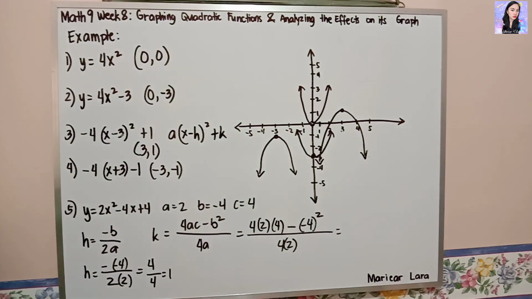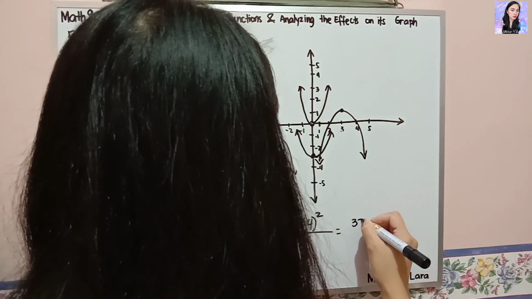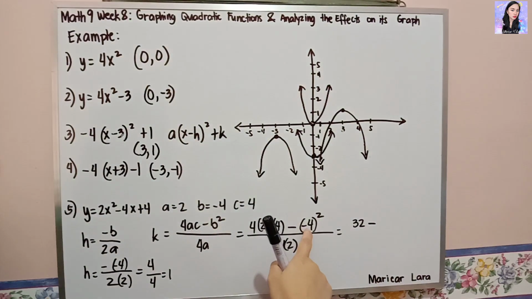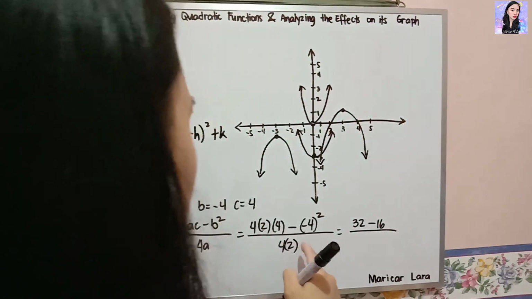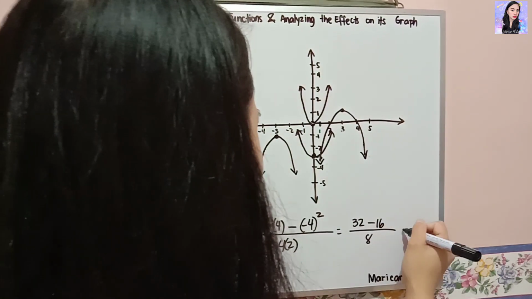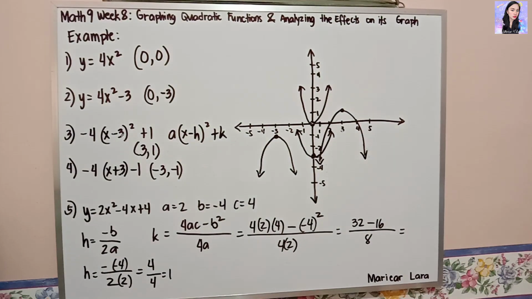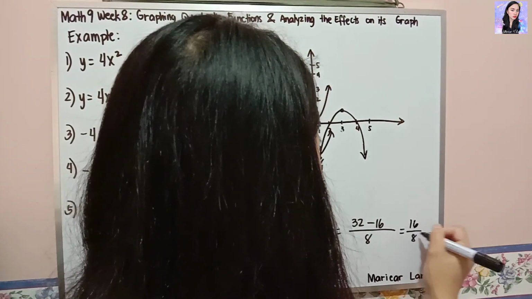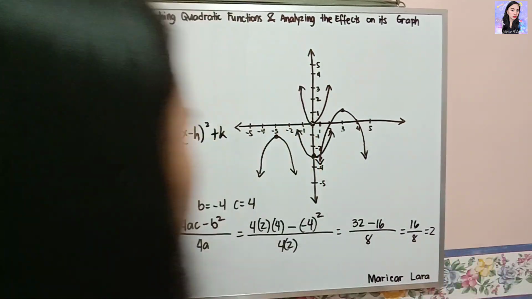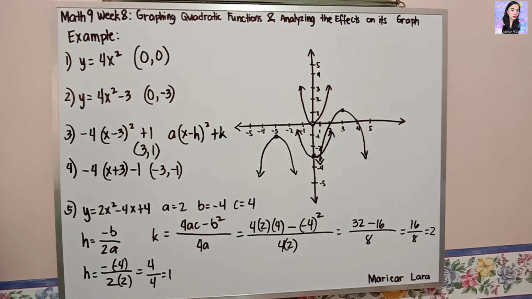So, solve lang natin. 4 times 2 is 8 times 4 is 32 minus negative 4 squared is 16. 4 times 2 is 8. 32 minus 16 is 16. Divided by 8 is 2. So, ang ating k ay 2.